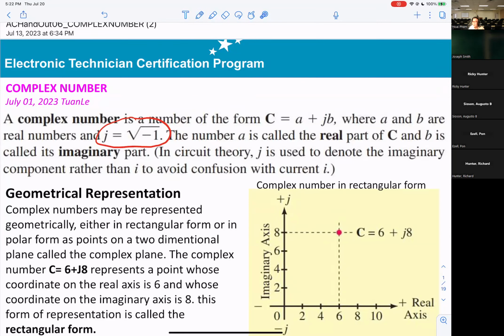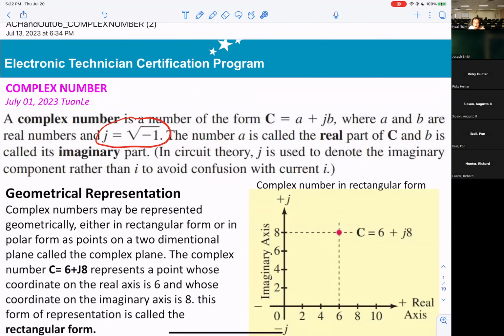You understand that we don't have a square root of a negative number, but by definition for the imaginary, J will be equal to square root of -1. The number A equals the real part of C. B will be the imaginary part. Okay.